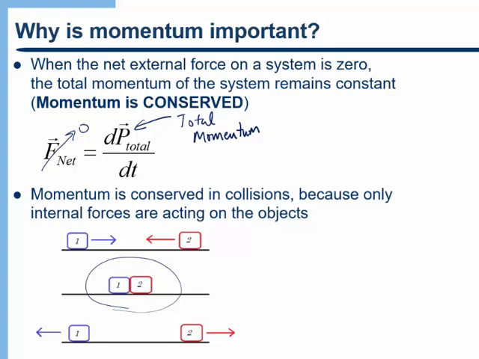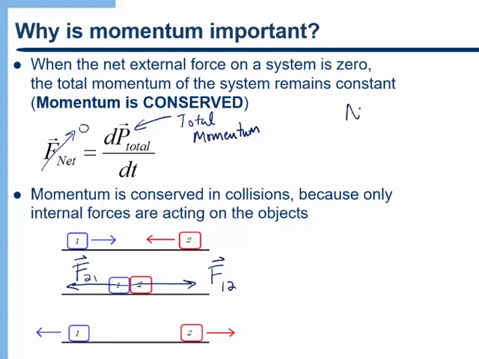You'll notice that from our previous study of Newton's third law, we know that object 1 is going to exert a force on object 2 in a direction to the right. We also know that object 2 is going to exert an equal and opposite force on object 1 to the left.